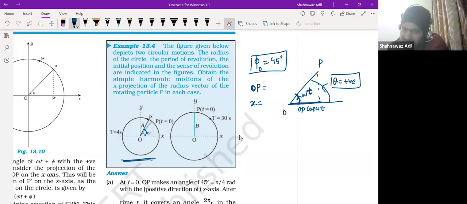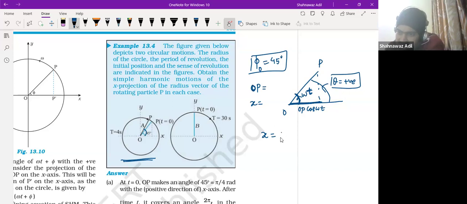So if we write this x vector, it would be the length of this OP. The length of the OP is how much? Radius. What is the radius that we have? It depicts the radius of the circle, and A is the radius that they have.